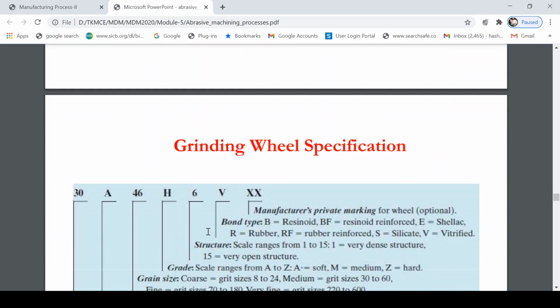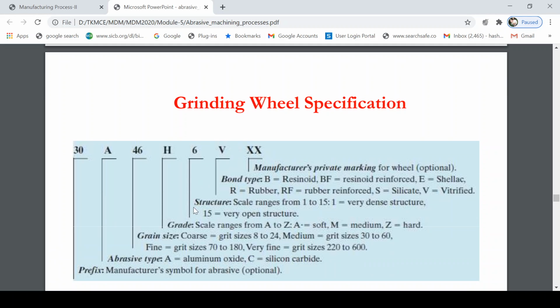Now we will see how to specify a grinding wheel, that is, the representation of the grinding wheel. This is one example of representing the grinding wheel. So 30 is a number. It is normally used by the manufacturers only for their own purpose. That is 30. It can be any number.